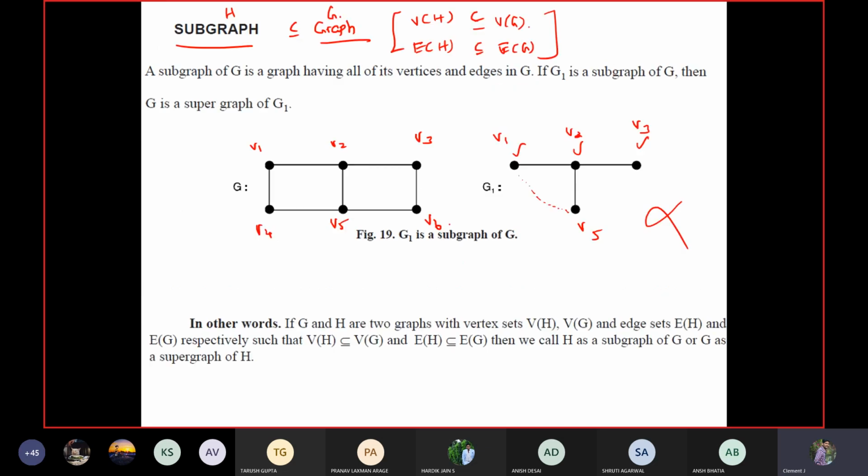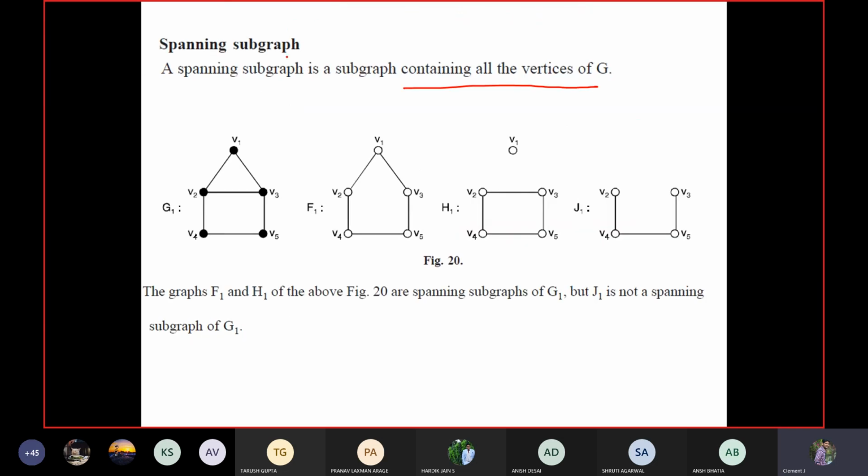But in your subgraph there is no condition like that. Here you may be the subset, that's it. The vertices of H can be a subset of G. But in the case of a spanning subgraph, you should have the same vertices as the original graph. I hope you can understand the difference between subgraph and spanning subgraph.